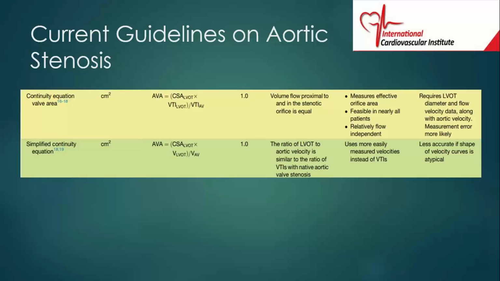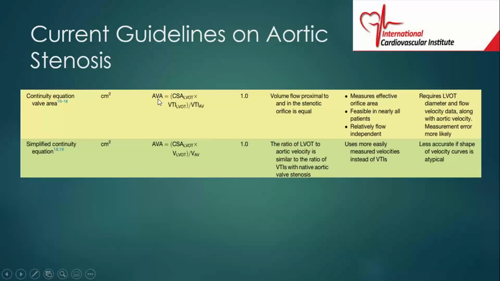So the flow going across the LVOT is going to be the same flow across the aortic valve. Again, flow is equal to cross-sectional area times VTI, velocity time integral. And so the flow across the aortic valve is equal to the aortic valve area times the aortic valve VTI, and that is going to equal the flow across the LVOT, which is the cross-sectional area of the LVOT times the VTI across the LVOT.